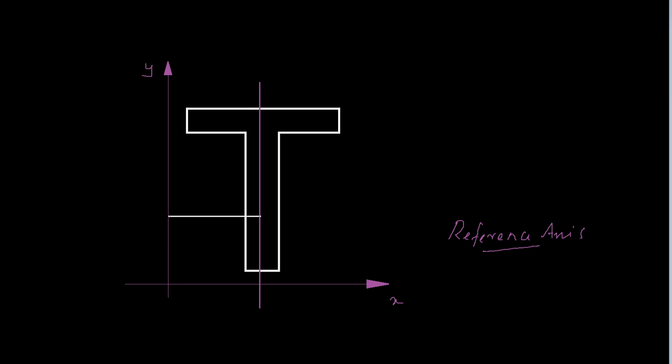So this is fixed, and that's your x bar. Now you need to find the coordinate of y bar. Let's say the centroid is here, and you need to find the distance to that point from the x-axis, and that's your y bar.